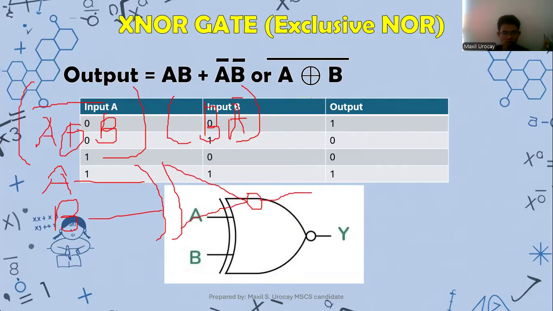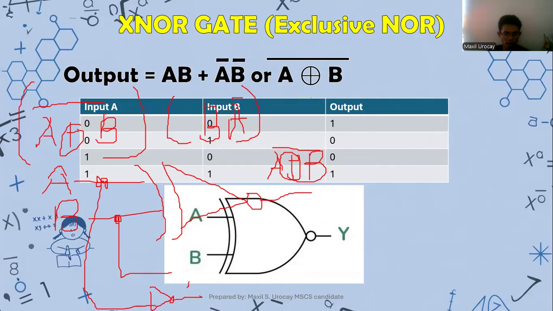So that is for A plus B inverted. Then BA, where B is not being inverted and A will be inverted. So therefore, we'll create another inversion here. That means it will become A inverted, like this.